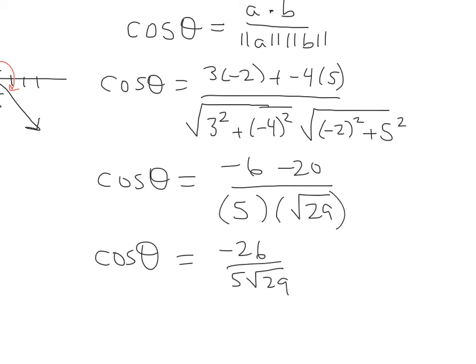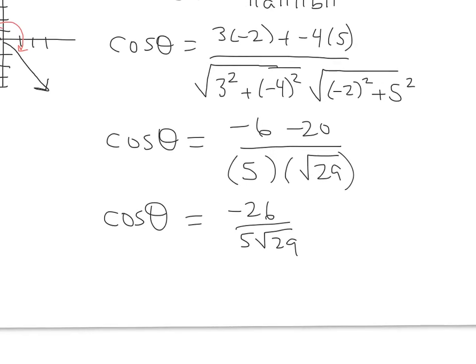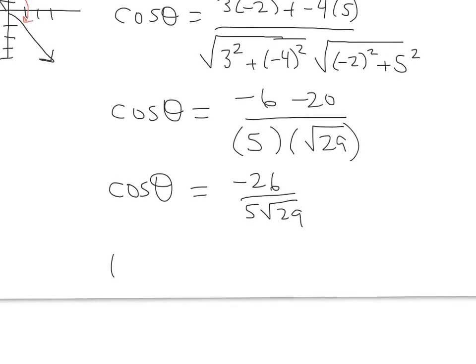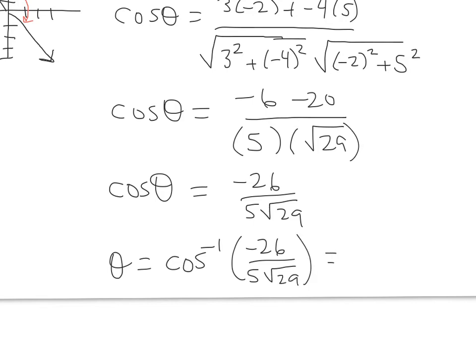That's fine, but that's not the angle we want, that's just the ratio of the cosine. To get the angle, we take the inverse cosine of that, and that gives us our answer. The inverse cosine of negative 26 over 5 square root of 29 gives the angle between the two vectors.